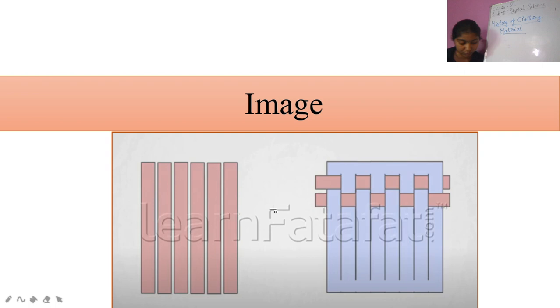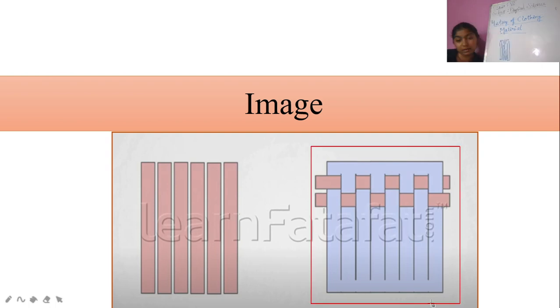These lines are used to make a mat, right? So how are clothes made? See students, in the same way clothes are made. When we separate the fabric into its yarns, we can see a mat-like pattern, and that way only we get a fabric, okay.